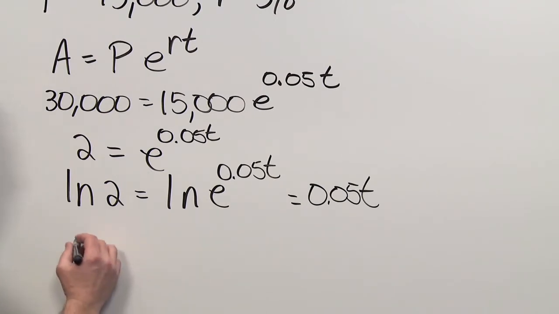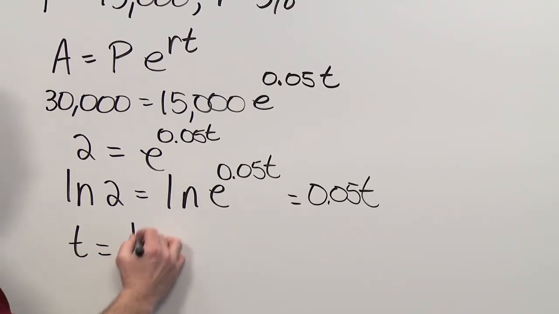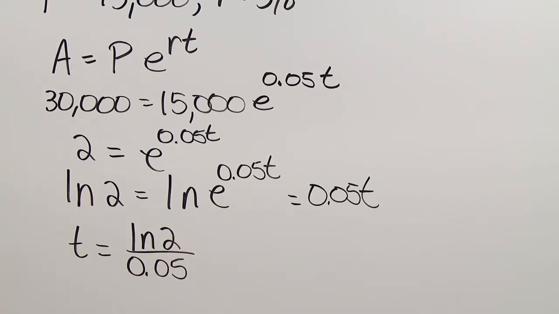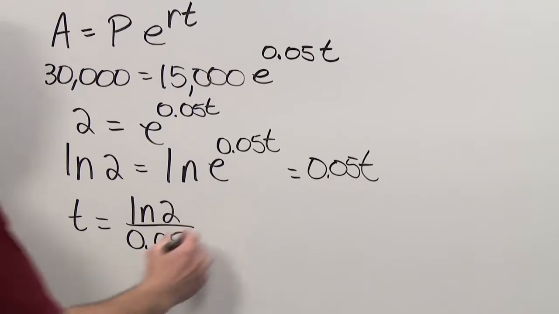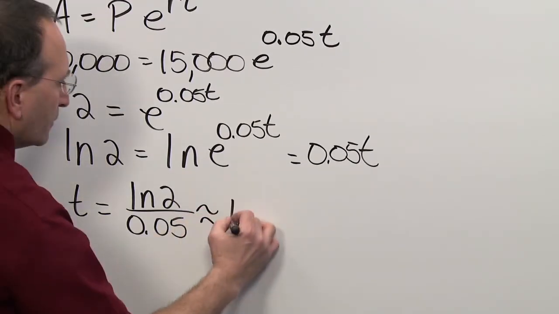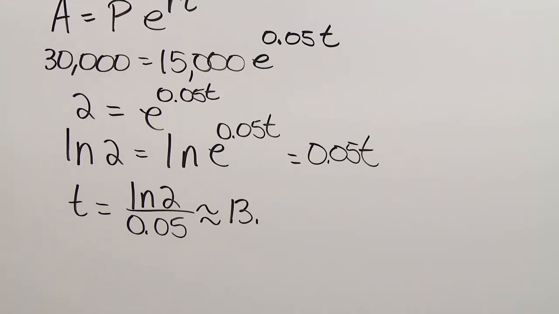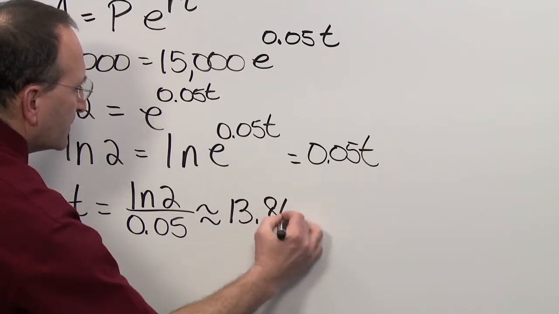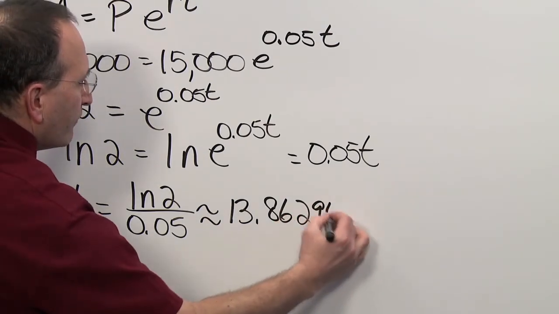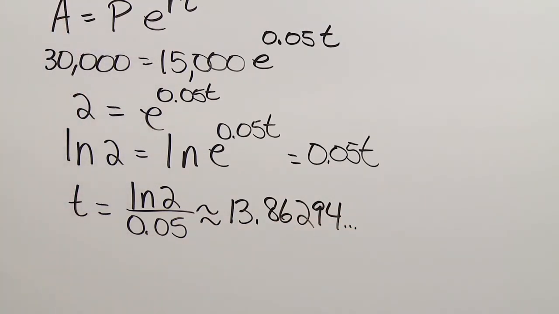I'm going to write the t first, so t will equal the natural log of 2 divided by 0.05. If you use a calculator to evaluate that, it's approximately equal to 13.86294, and it keeps going.